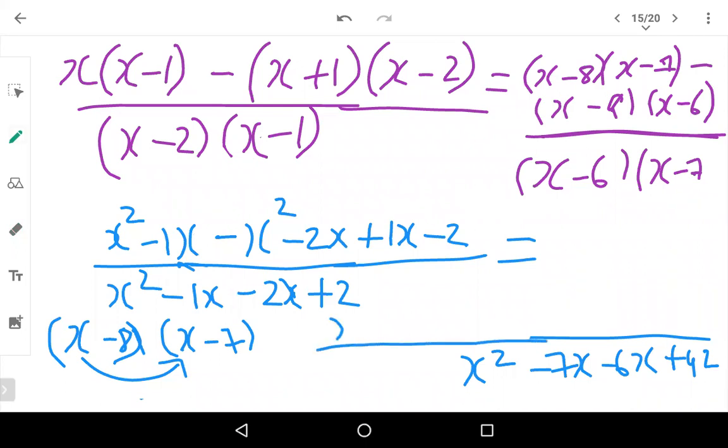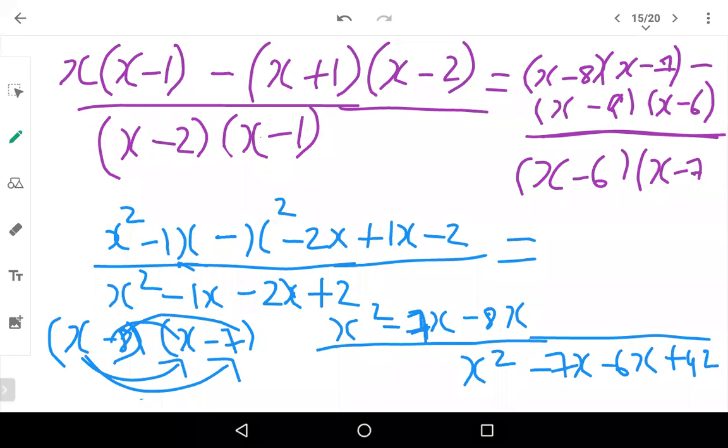So x into x is x square, then x into minus 7 is minus 7x, then minus 8 into x is minus 8x. Then minus 8 into minus 7 is plus 56. So that is our first term.